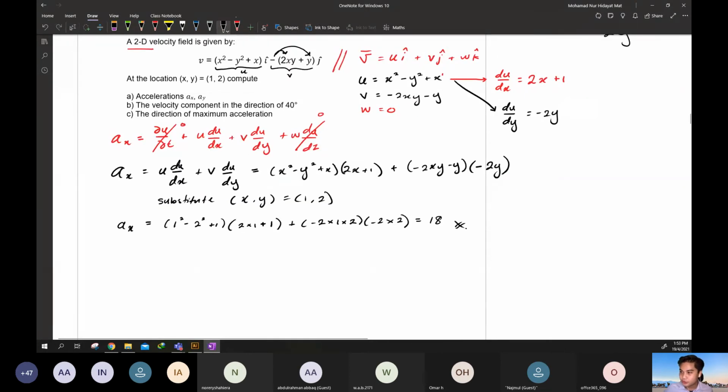Okay, so now we proceed in the y direction. Ay is equal to, remember that ay is the partial derivative of v, from the derived formula that we discovered before this.